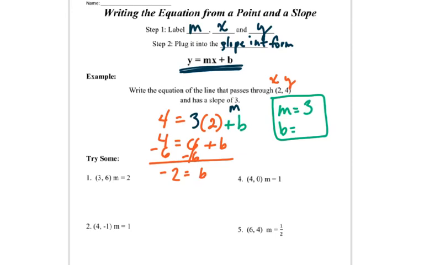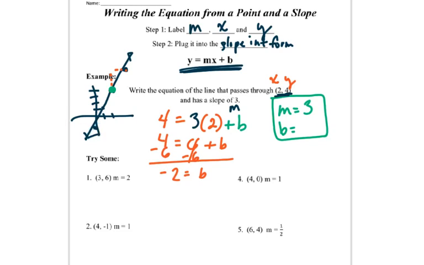So we just found out that this line, if you were to graph 2, 4, and it had a slope of up 3/1, it would look like this. So that's the line that goes through 2, 4, and it has a slope of up 3/1. This line, we just found out, has a y-intercept of -2.